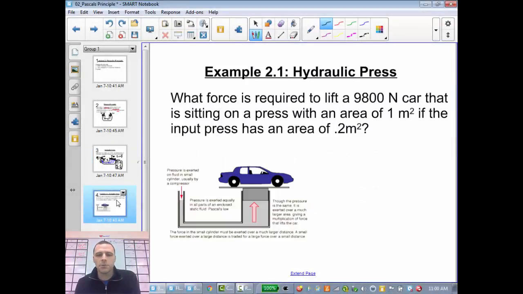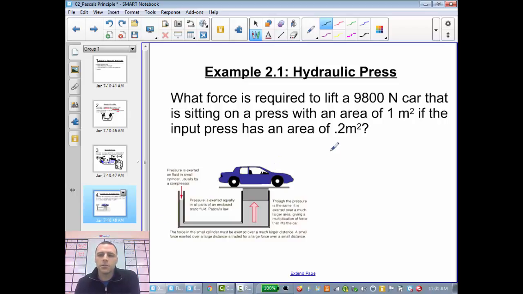I'd like to do an example of that, just to show you. Here's a hydraulic press that's trying to lift a car up. Maybe it needs new brakes or something. And the example says, what force is required to lift a 9,800 Newton car that is sitting on a press with an area of 1 meter squared if the input press has an area of 0.2 meters squared?